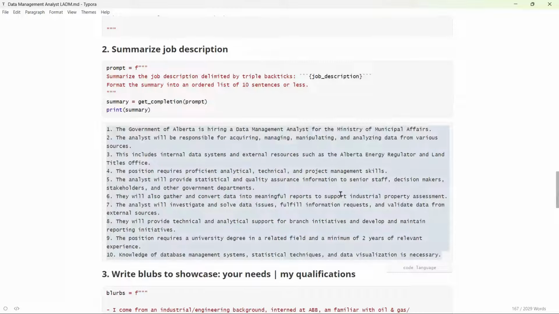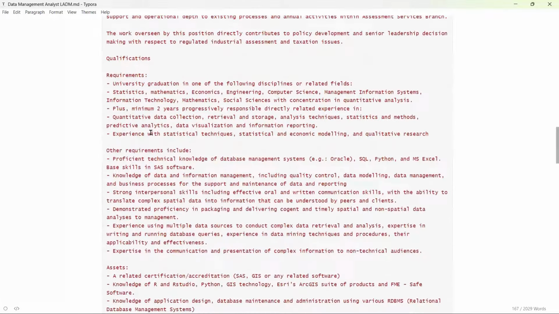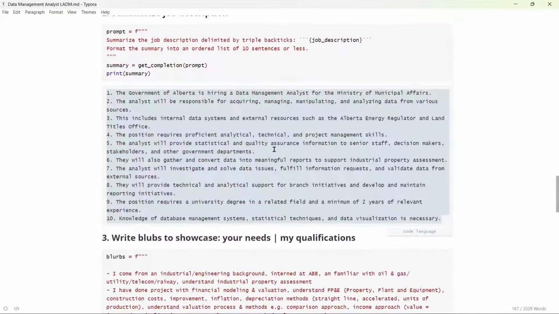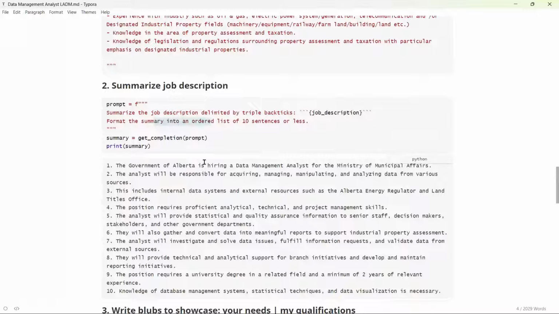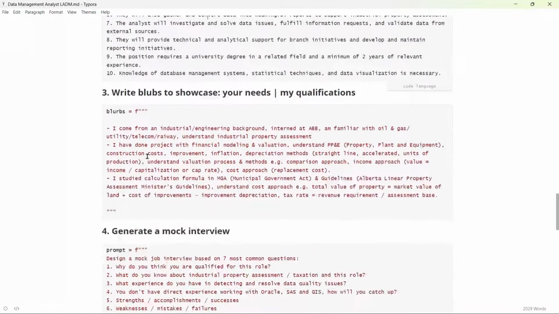If you don't have time to read the entire job posting, you can read the summary. And chances are this will also give you the important keywords that you can include in your resume. You can change this, mention keywords and key phrases, and then the result will be slightly different. Then you want to write blurbs to showcase your needs and qualifications.